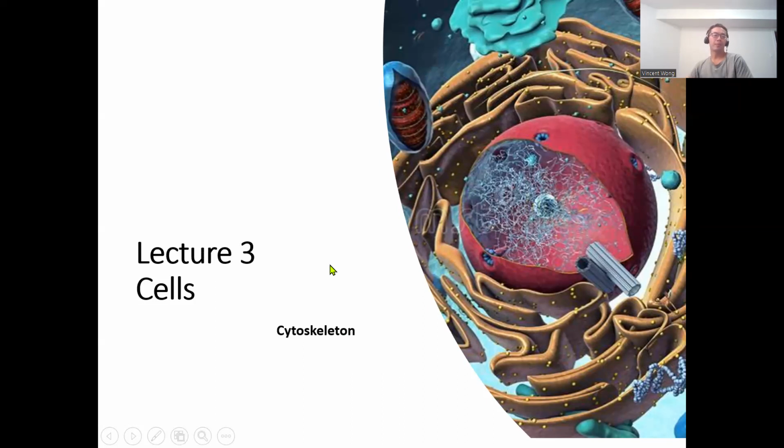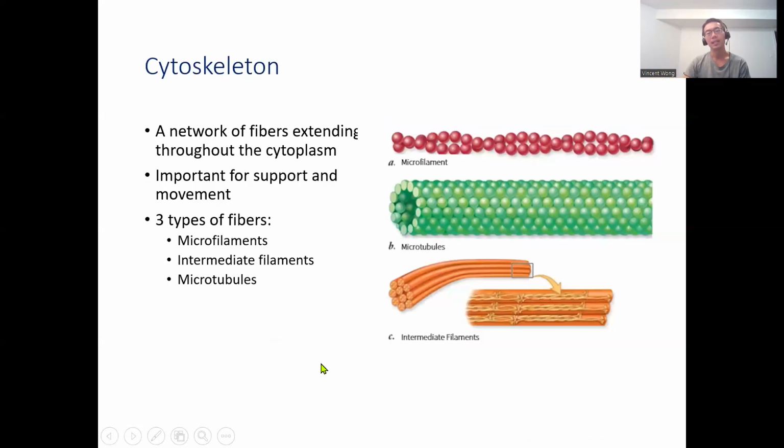Okay, last part. We've got the cytoskeleton coming up. The cytoskeleton refers to a network of protein fibers found throughout the cytoplasm. Their job as a whole is either to provide structural support or to help move things around.